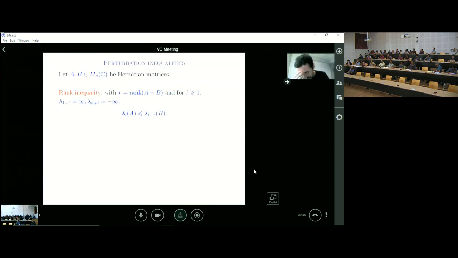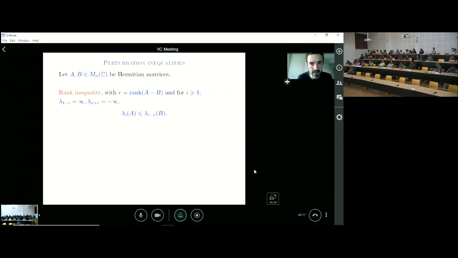I will not speak a lot about perturbation inequalities, because this is not the topic of this course. But for this operation of truncation, recentering, and so on, there are a lot of inequalities or perturbation bounds which allow you to deduce information from the matrix we started with, from information on your recentered, rescaled matrix.